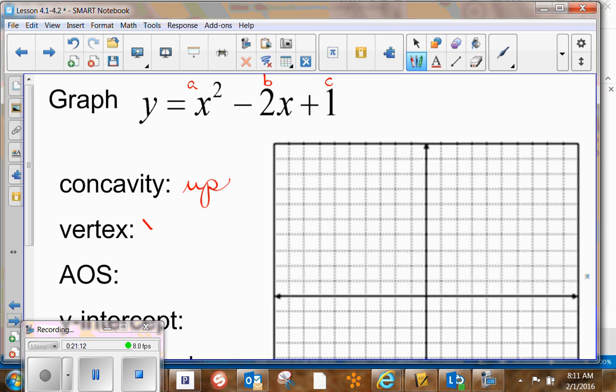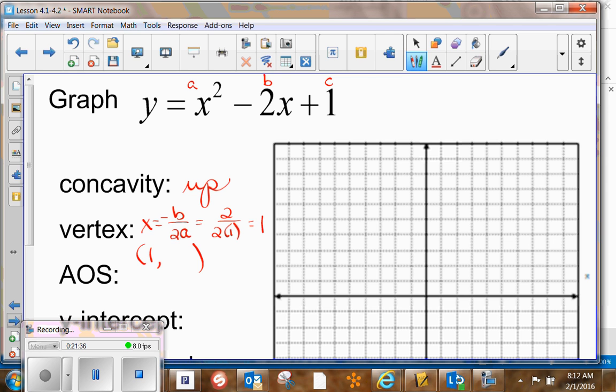So we're going to do that little x equals negative b over 2a business. Since b is already negative, negative b will be positive 2, over 2a, which gives 1, which is just the x of my vertex.